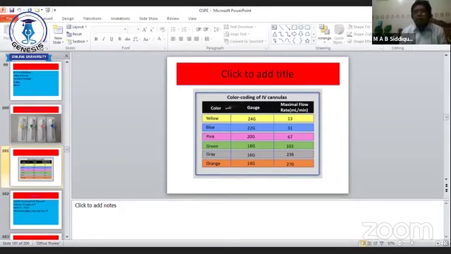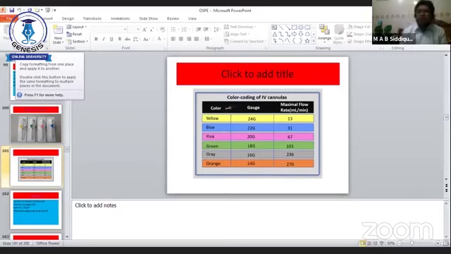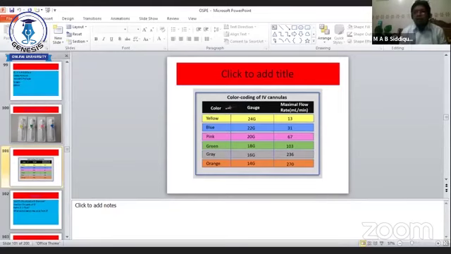So the blue color is used for 22 gauge, and the maximum flow rate is 31, and the pink color is used for 20 gauge, and the maximum flow rate is 67. This is the most commonly used cannula for adults, but the yellow is most commonly used for children, and the green is also commonly used in ward, especially the gynae ward.